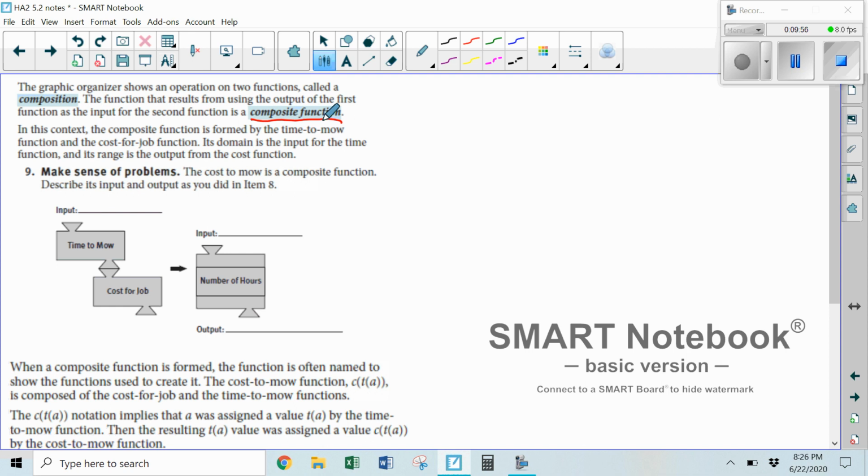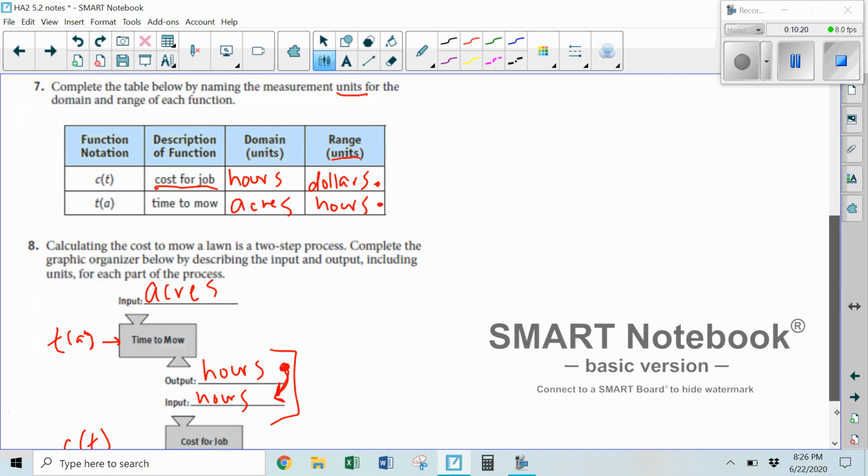So our input was acres, and when I combine it, my input is acres, and my output is dollars. Let me go back, show you how I get that. We're going to do more work with it.